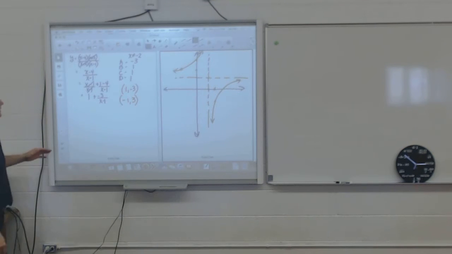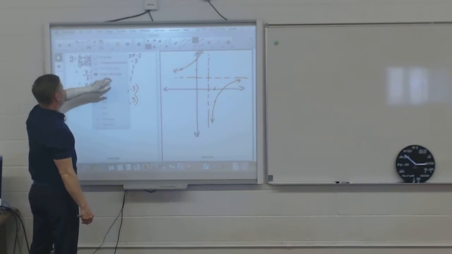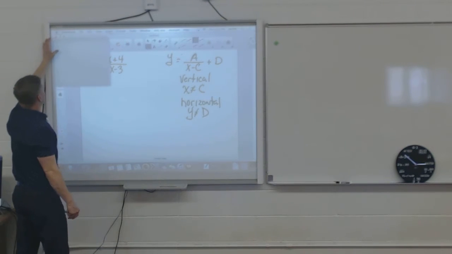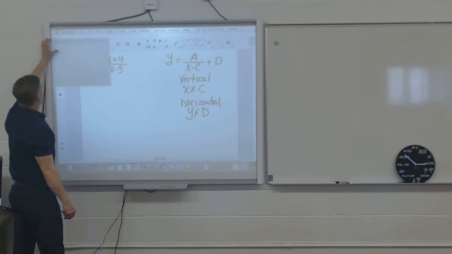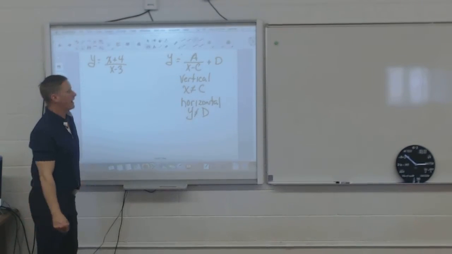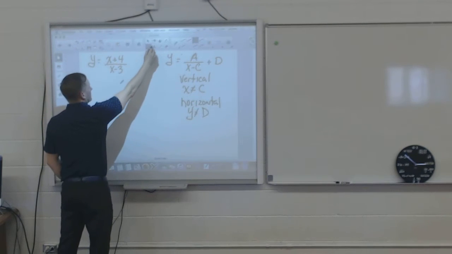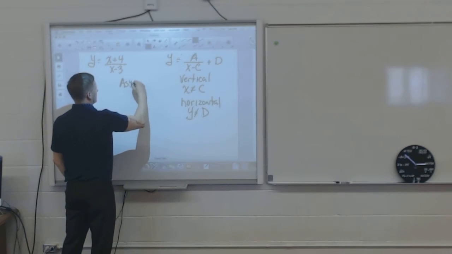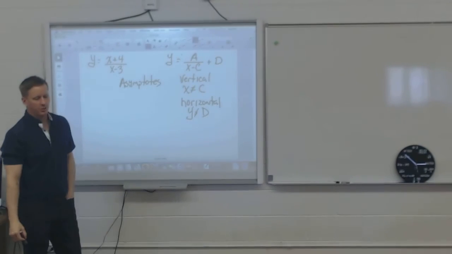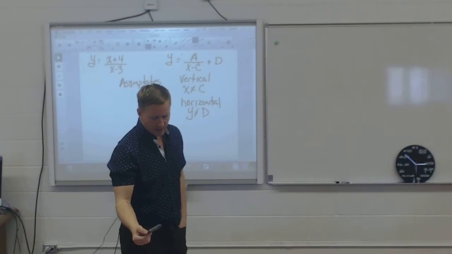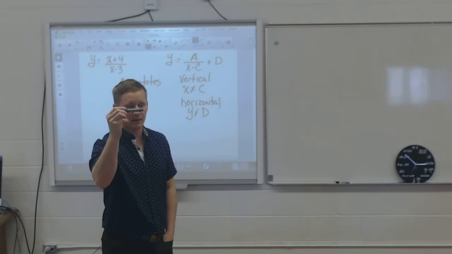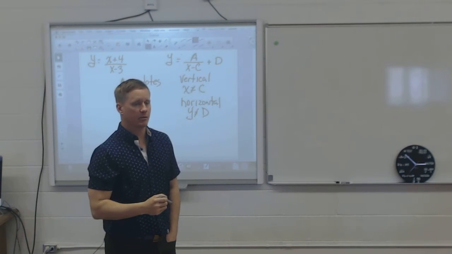All right? So let's review now. On this one I have asymptotes. That occurs when the numerator and denominator do not have a common factor. When there's no common factor on the numerator and denominator, I have asymptotes.